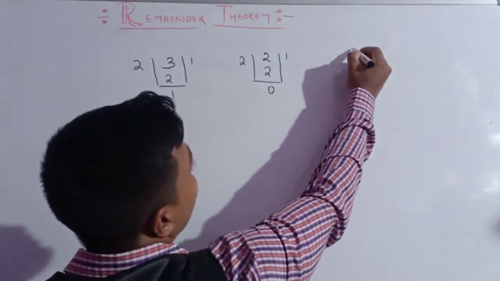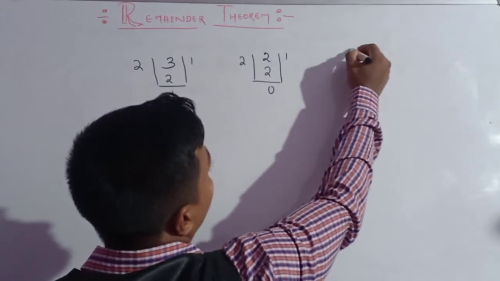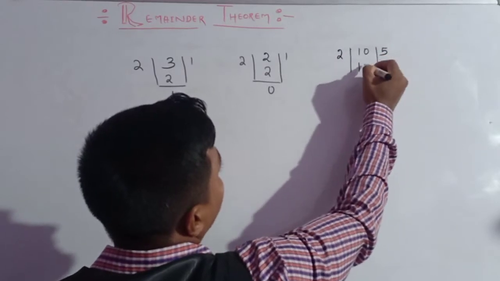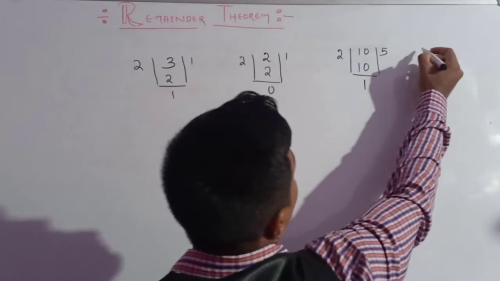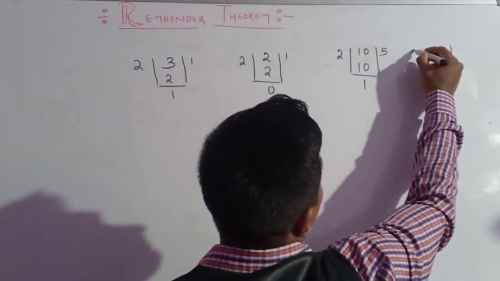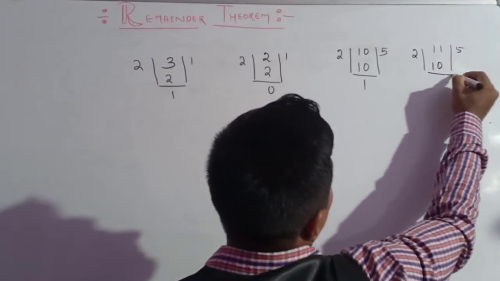Another one: suppose it is 10, and I divide by 2, 2 fives are 10, and the remainder is 0. Another division: suppose it is 11, and I divide by 2, 2 fives are 10, and the remainder is 1.